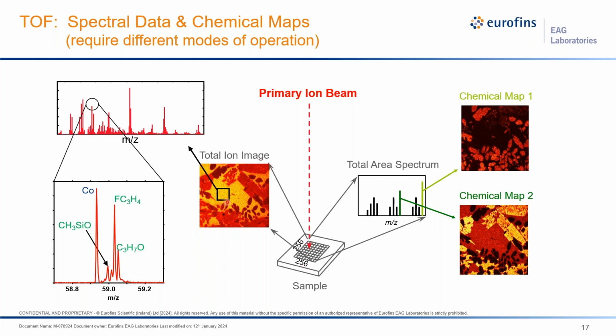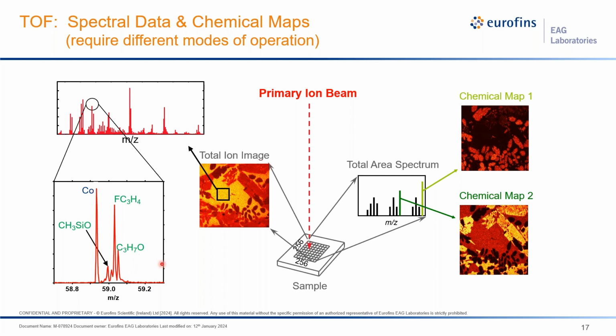In all of these images, bright colors indicate a high yield of ions and dark colors are few ions. From a total ion image, we could select areas and see how the species present in one area might be different from all of the species present in a different region of the sample.